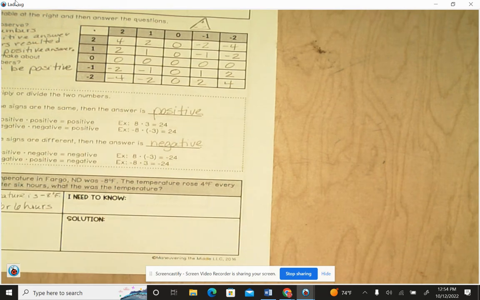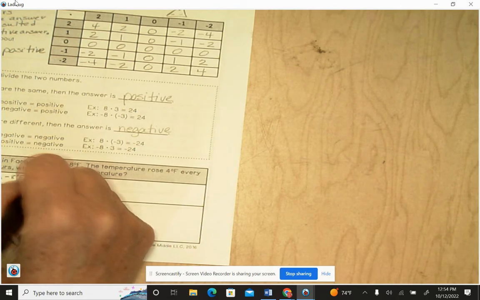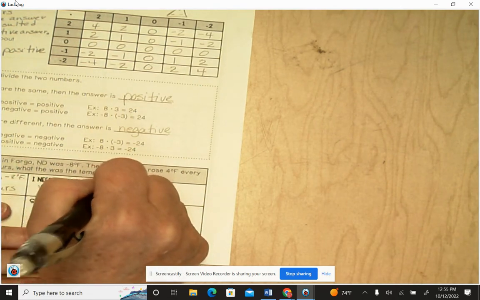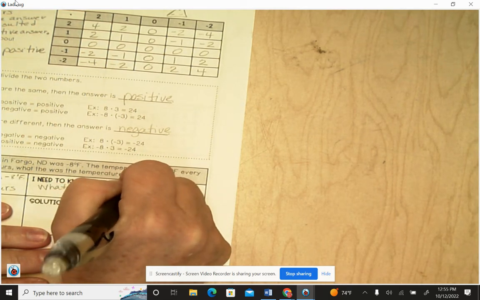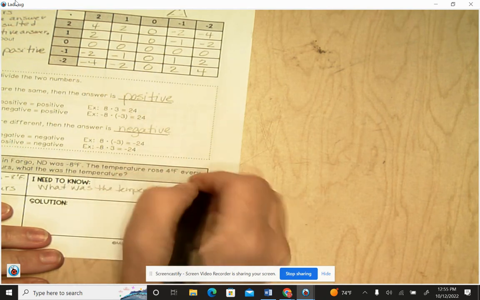All right, what you need to know: what was the temperature 6 hours later?